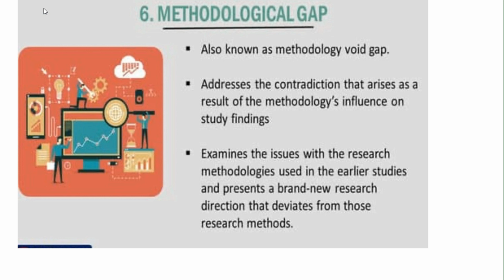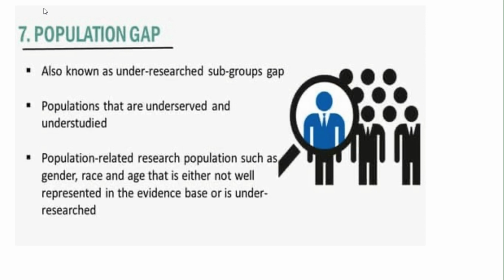So the next one is the population gap. Now, onto the population gap, it is also known as the under-researched subgroups gap, for populations that are underserved and understudied. So, population-related research, populations such as gender, race, and age, that is either not well represented in the evidence base or is under-researched, right?